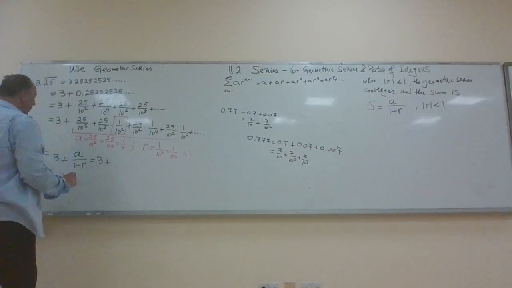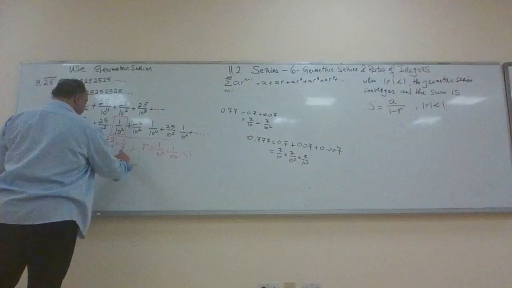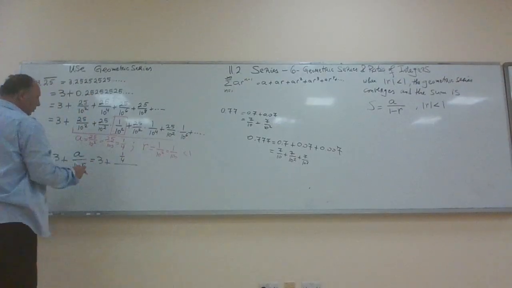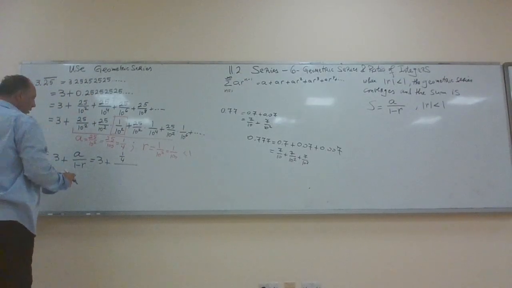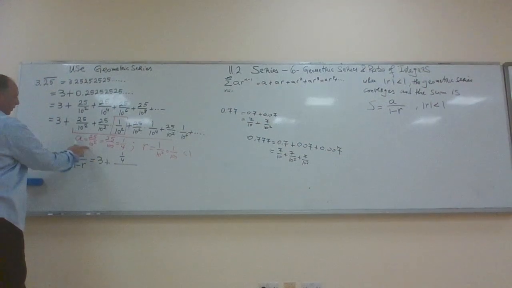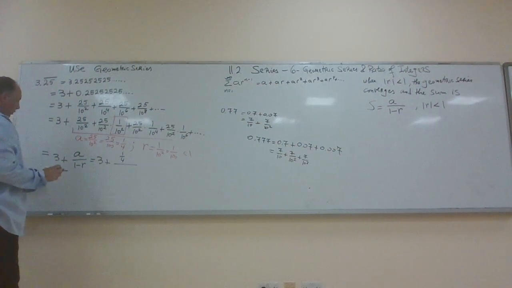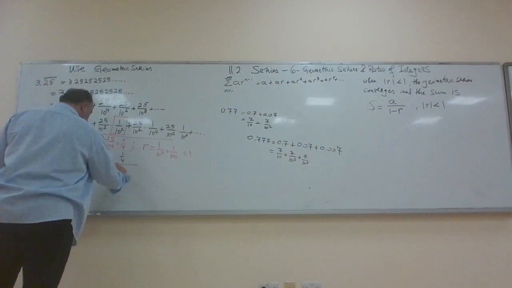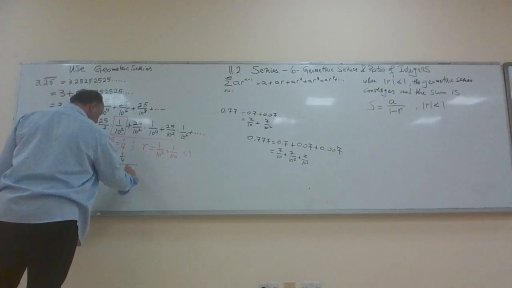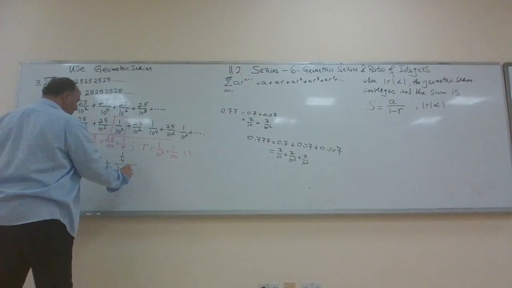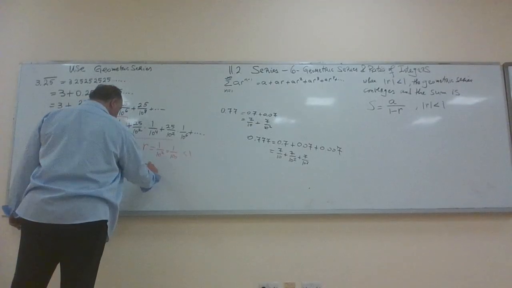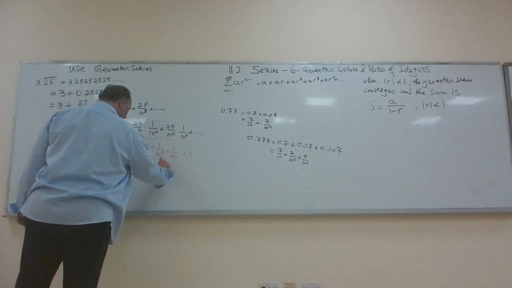which is, so A is 1 over 4 in this case, because it's easy to simplify. Otherwise, I would keep this expression here, and we will struggle with it a little bit. 1 minus R, so 1 over 100. So 3 plus, again 1 over 4.